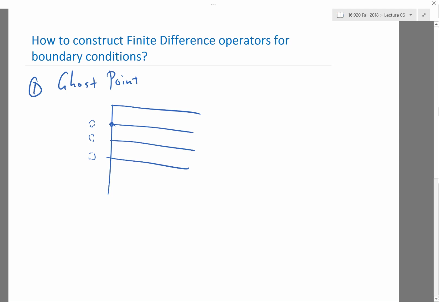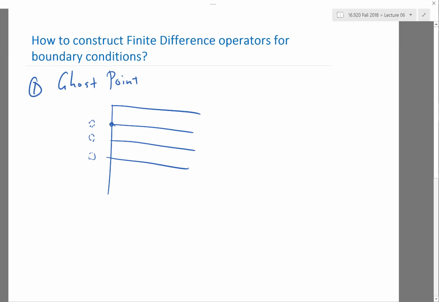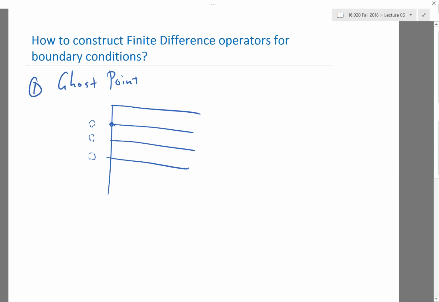So I'm just going to give another example. This is actually called neither Dirichlet nor Neumann boundary condition. It's called a mixed boundary condition. Some people call it a Robin boundary condition.